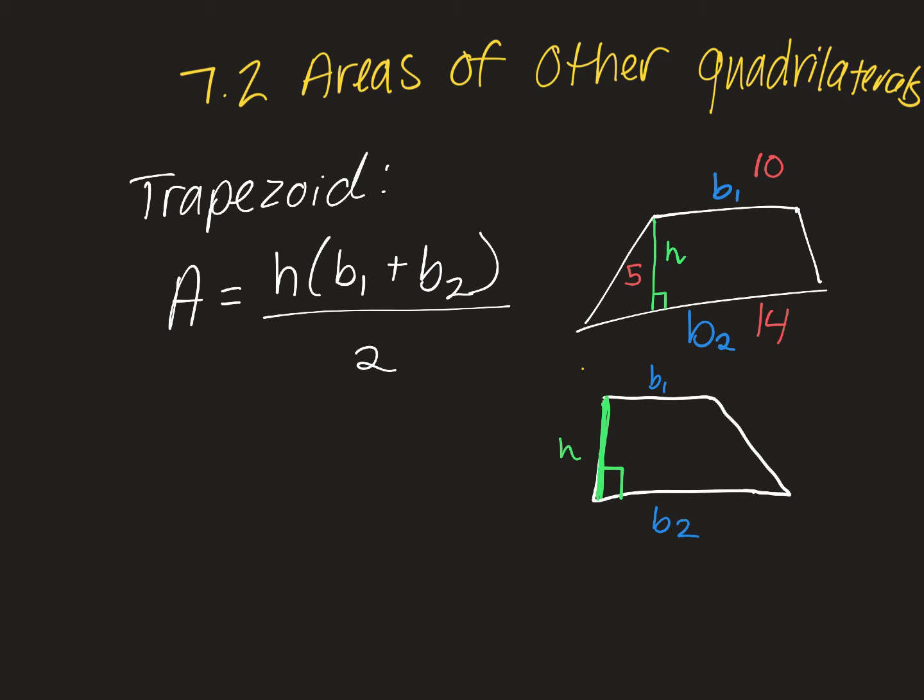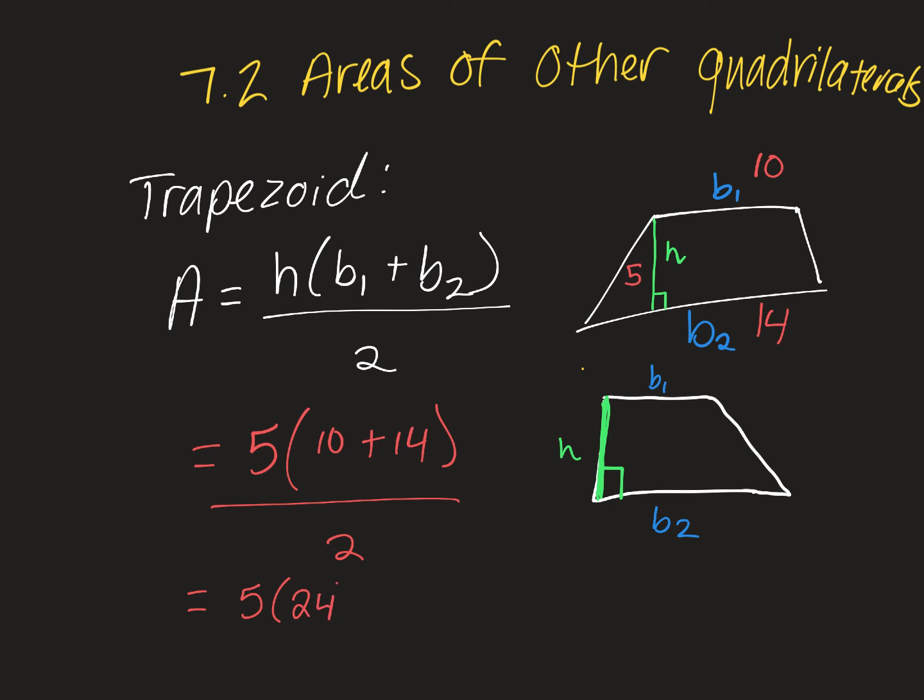All right, so our height is what? 5. And then 10 plus 14. And then the last thing we will do is divide by 2. All right, so 10 plus 14 is? 24.